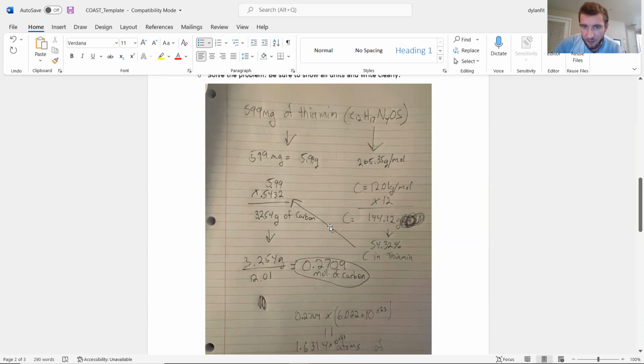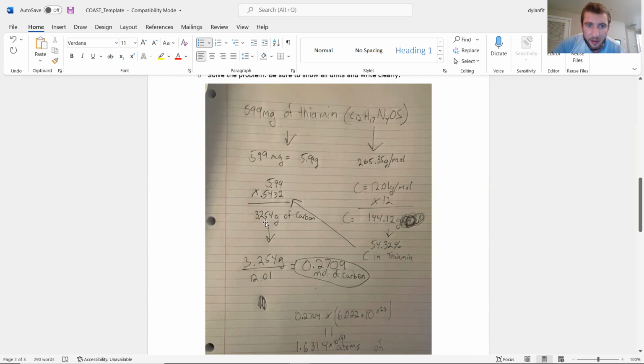Now, I take that 54.32%, I'm going to multiply it times the 5.99 grams thiamine, because a little over half of that thiamine is going to be carbon. So a little bit over half of that, nearly 6 grams there, is going to be carbon.